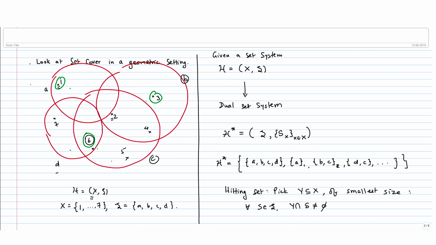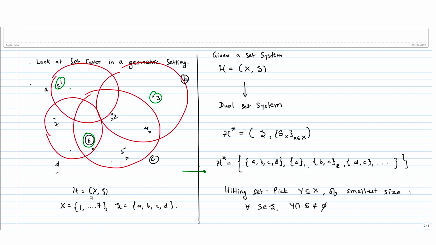It's a set of points I want to pick so that for every set, at least one point is chosen. This is the same as the set cover problem in the dual set system. Is that clear? I'm defining a seemingly new problem called hitting set. In the hitting set problem, you want to pick the minimum number of points so that if I look at any set, there is at least one point chosen.